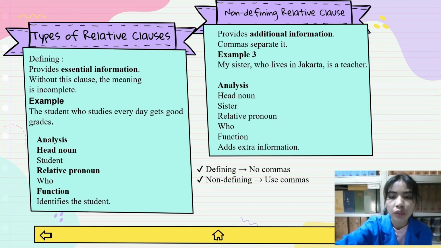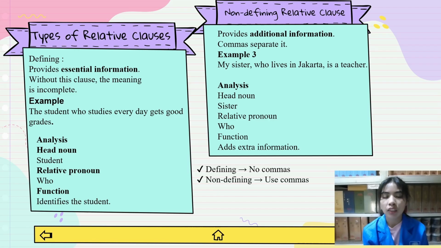Types of relative clause. The first is the defining relative clause. This type gives essential information about a noun.